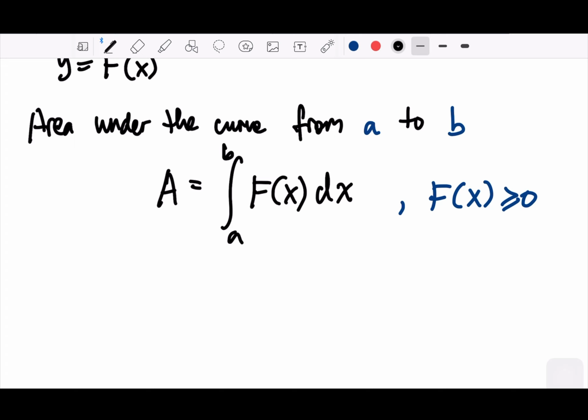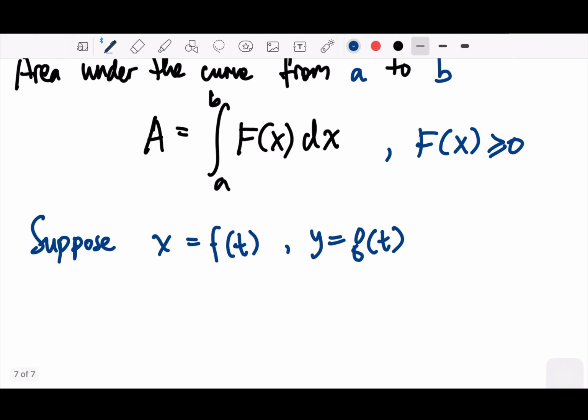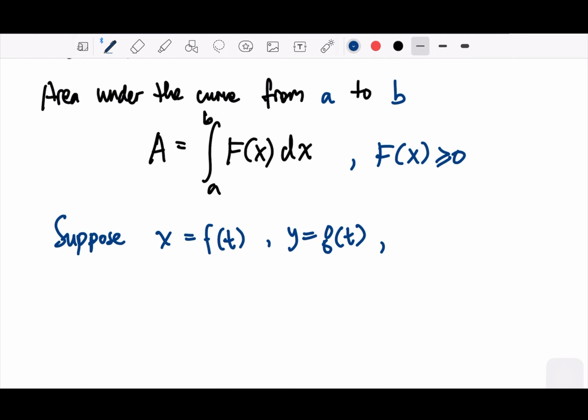Now suppose we can also trace the curve with parametric equations, with some parameter t as a third variable. So suppose we have the parametric equations, and t varies from alpha to beta.